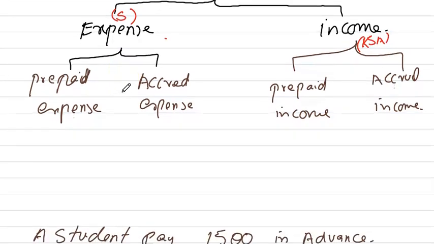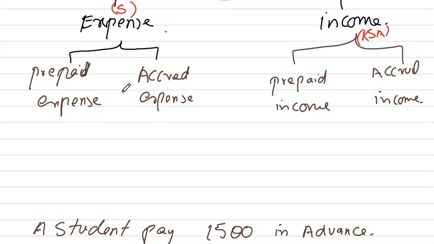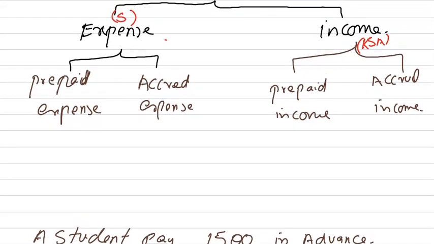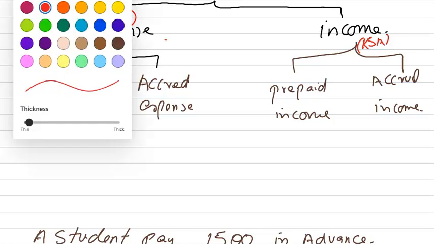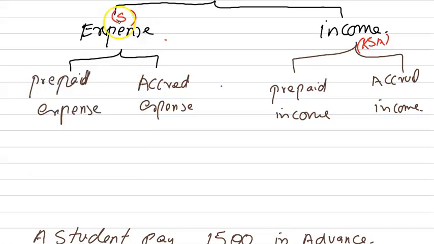So when they pay the amount of money, how much does the student pay? 1500 pound. So this is an outflow of cash from the student. If you see the transaction from the student's point of view, there is a cash outflow.